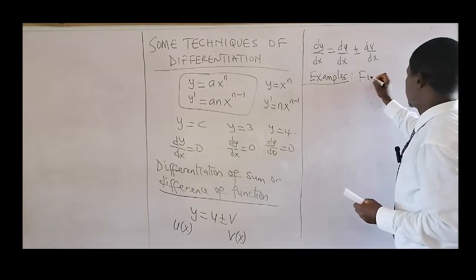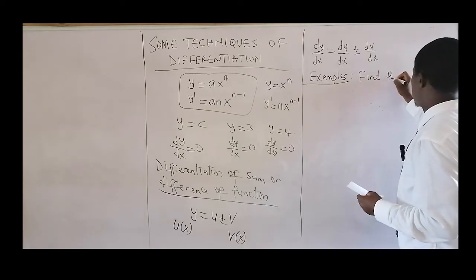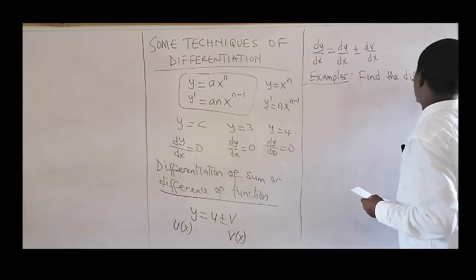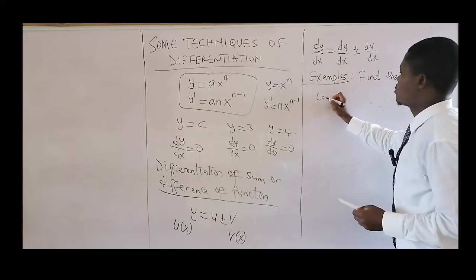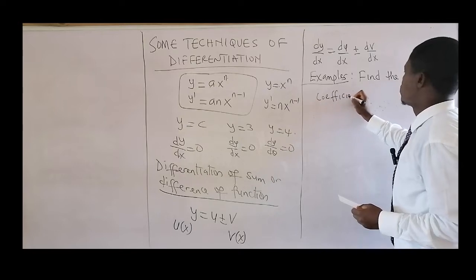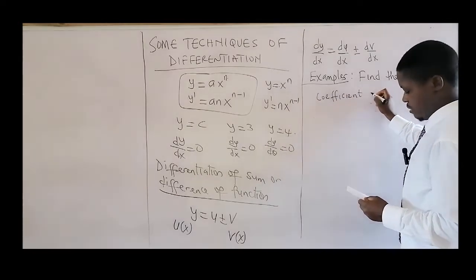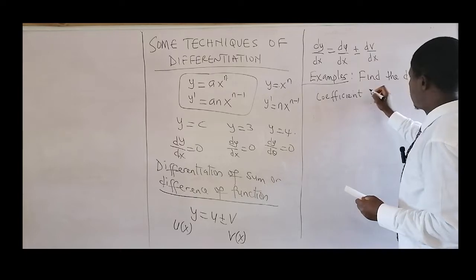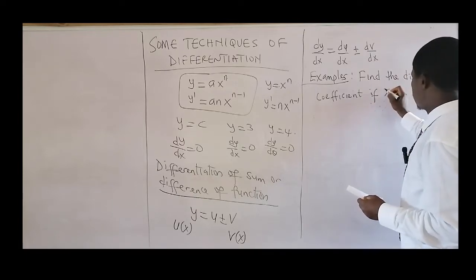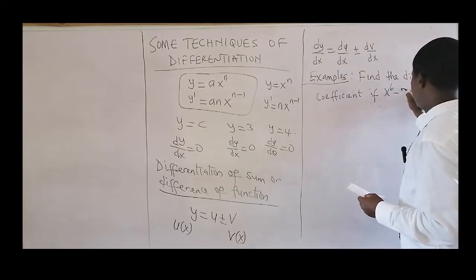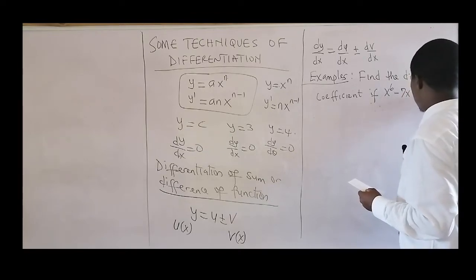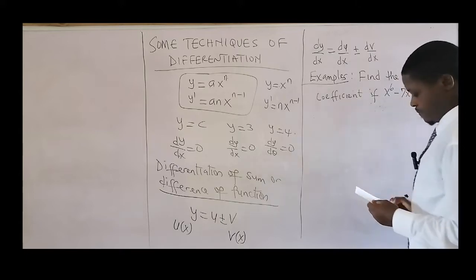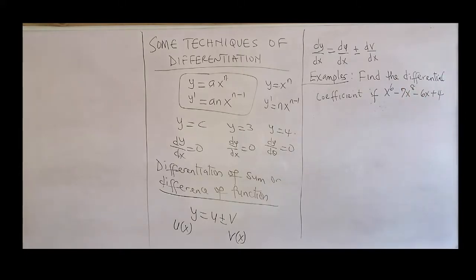Example: find the differential coefficients of x^6 minus 7x^8 minus 6x plus 4.